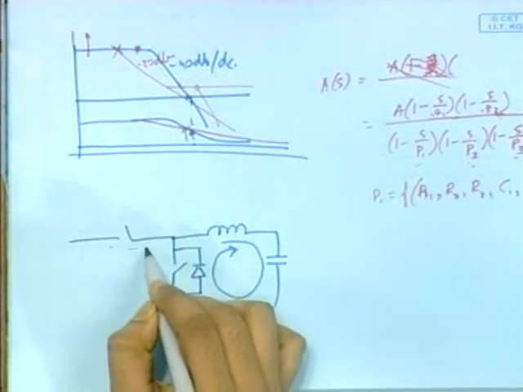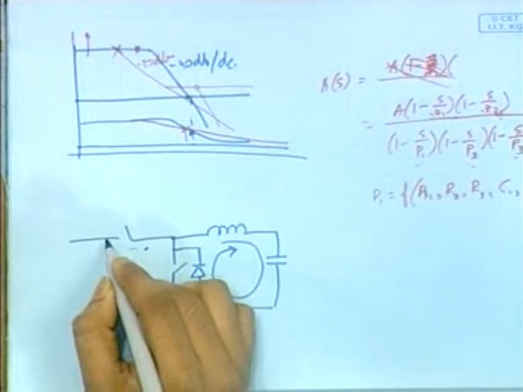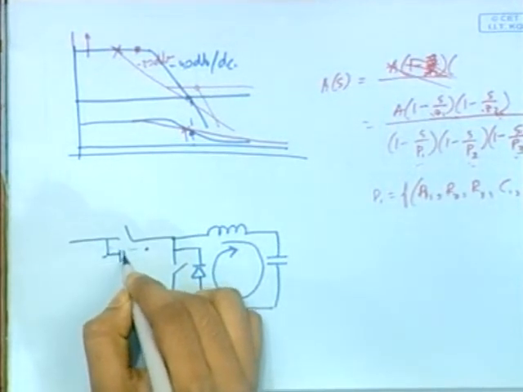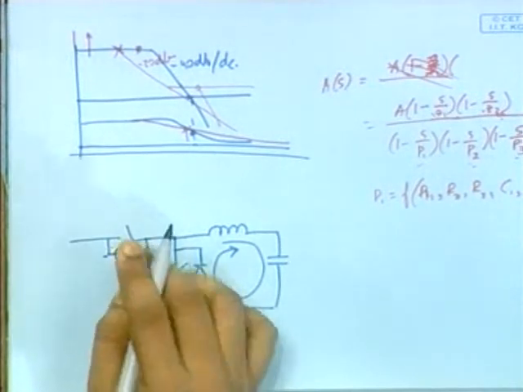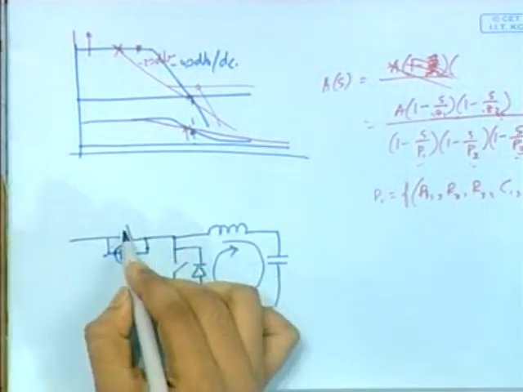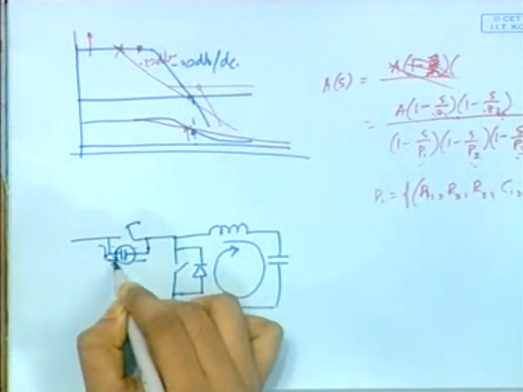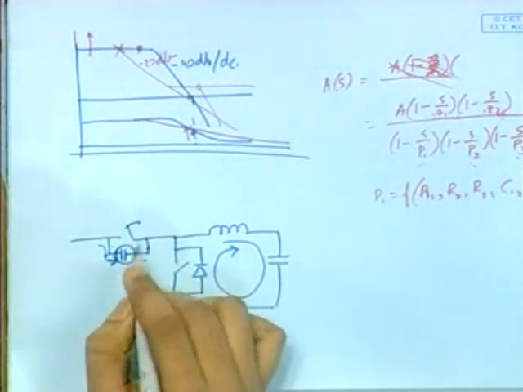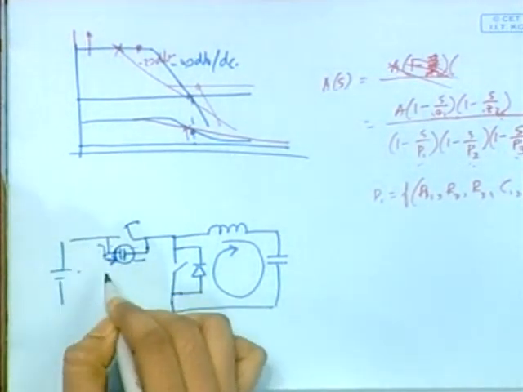And when this current has died down, why will it take some time to die down? Because there is a capacitor here. This current will die down when this capacitor charges up. When I break it open, this capacitor will be charged up by the current that was already there, and once this capacitor charges up to a certain Vin, this current becomes 0.